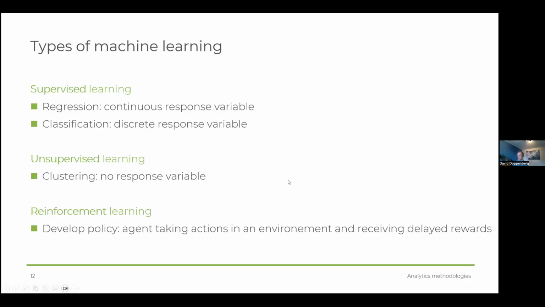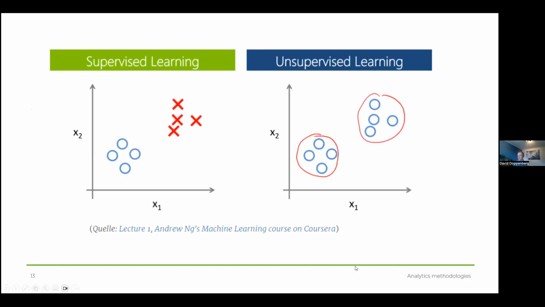To show you more clearly what the difference is between supervised and unsupervised learning, I think this graphic is really powerful. So in supervised learning, if you have your data set here containing 8 data points and 2 variables, x1 and x2, you actually already know the labels of this.